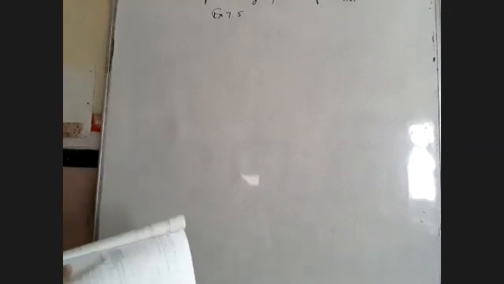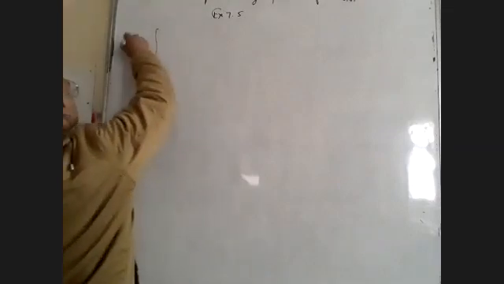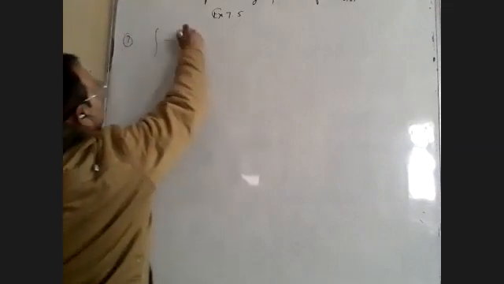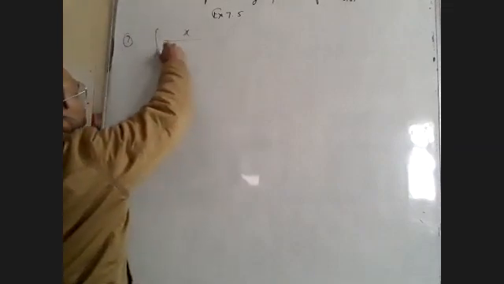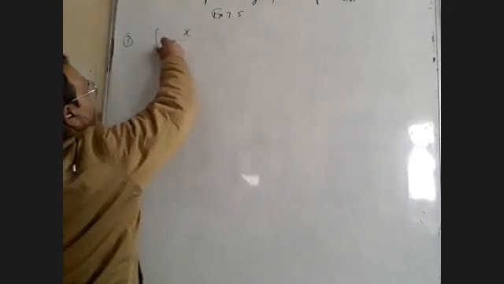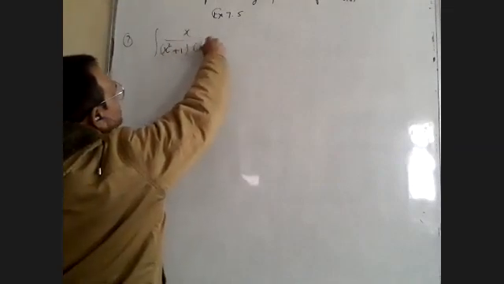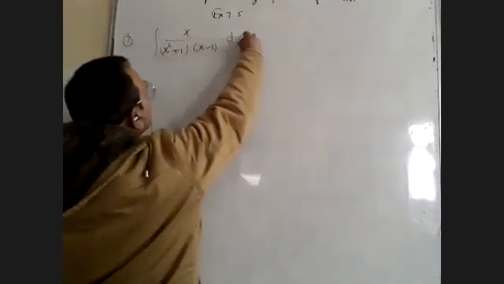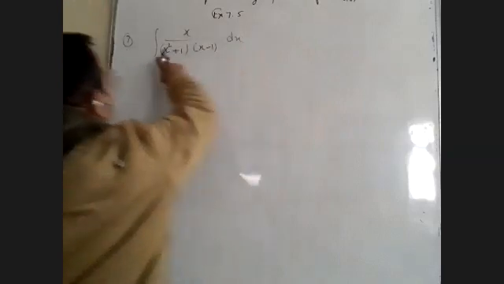In question number 7 they have given you x square plus 1 or x minus 1. X square plus 1 or x minus 1. But this is the difference only. You have to take care because it is a quartic. This will be factorized again.